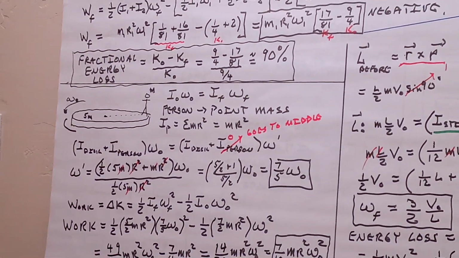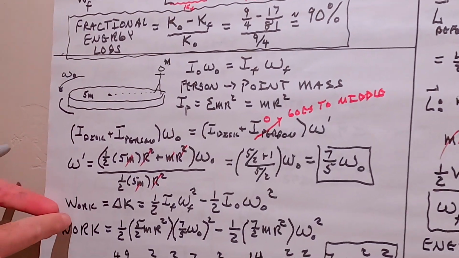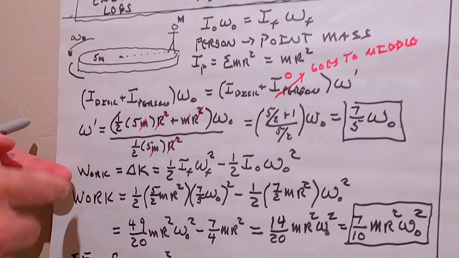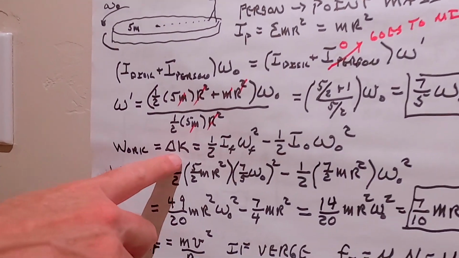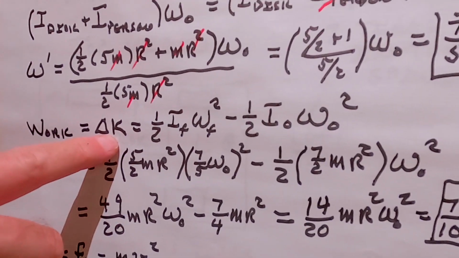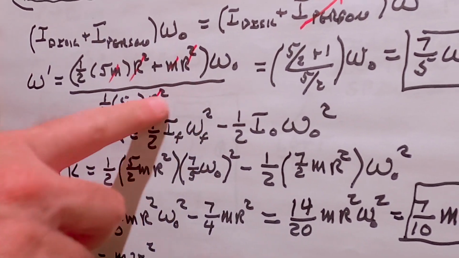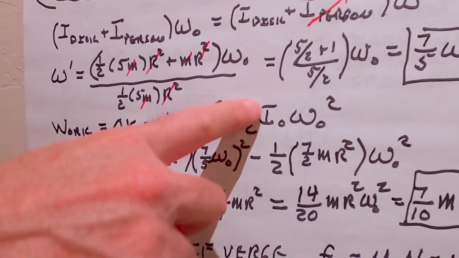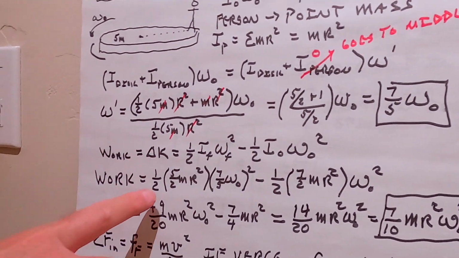If we wanted to find out how much work it took for that person to run to the middle, well, he's the only one doing any work, so the work due to the person is the total work. That's just the change in kinetic. Change in kinetic, that's just the final kinetic energy minus the initial kinetic energy. It's all rotational right there. So we just plug in.